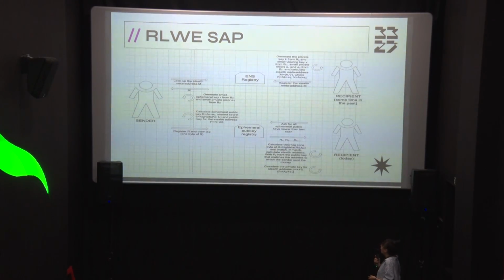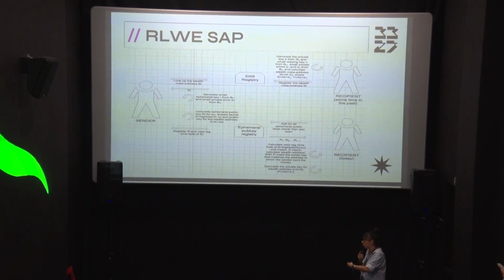Okay, after this, we will add this in this registry, and the sender will go to the registry and find this public key in the registry. And after that, Alice will generate her pair of keys.